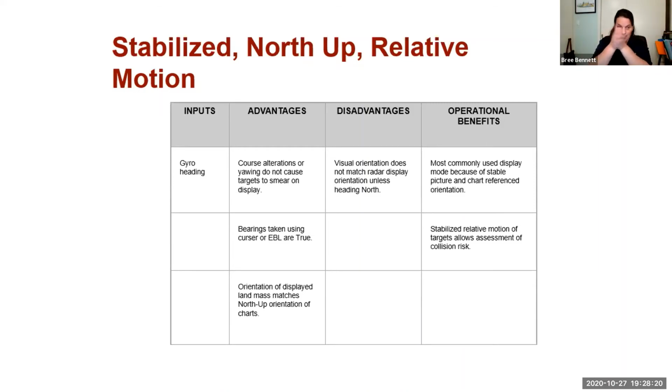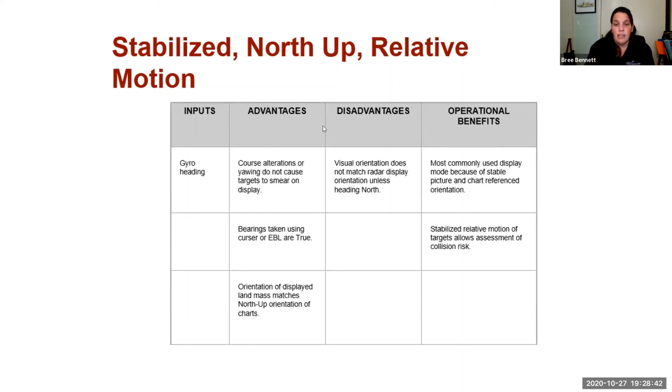I hope that makes sense. So that's the disadvantage, and that's why you really want to correctly identify what you're looking at on the scope and what you're looking at outside the window.